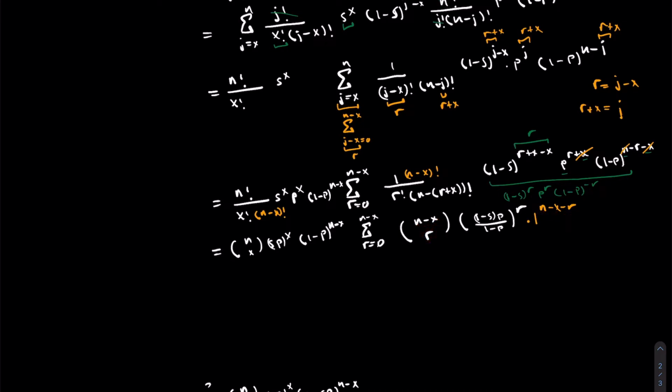So this is basically now ripe for the binomial theorem, which means that this whole thing is just 1 coming from this one plus this whole term here, s p over 1 minus p, to the n minus x. Sorry, not to the r, to the n minus x. This is just by the binomial theorem.